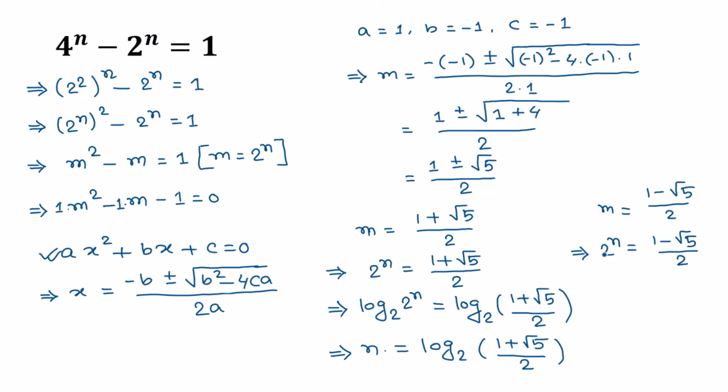But the value of 2 to the power n is always positive, so the left side is always positive. The square root of 5 is greater than 1, so 1 minus the square root of 5 is always negative, and divided by 2, the right side will always be negative. So the left side and right side will never be equal, so there is no solution from this term.